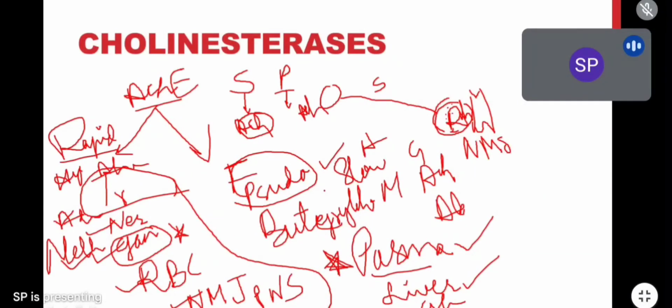This is the main difference between true cholinesterase and pseudocholinesterase. Clear, everybody? Pseudocholinesterase will not metabolize methacholine, that's all, whereas true cholinesterase metabolizes both acetylcholine and methacholine very fast. Simple.